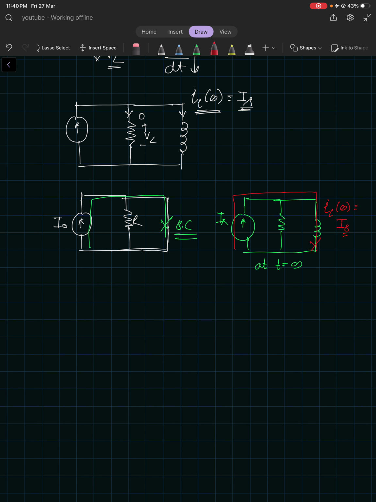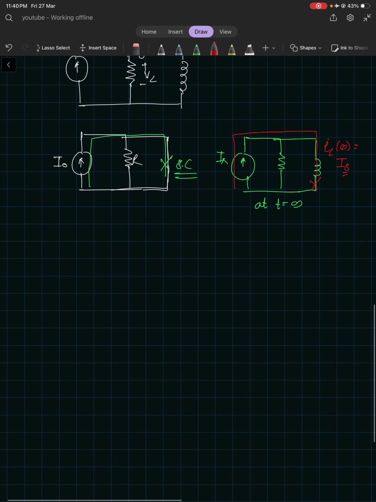Okay, so what we have learned through this circuit is that the voltage was coming down and the current was increasing. So let's see the behavior mathematically, right?